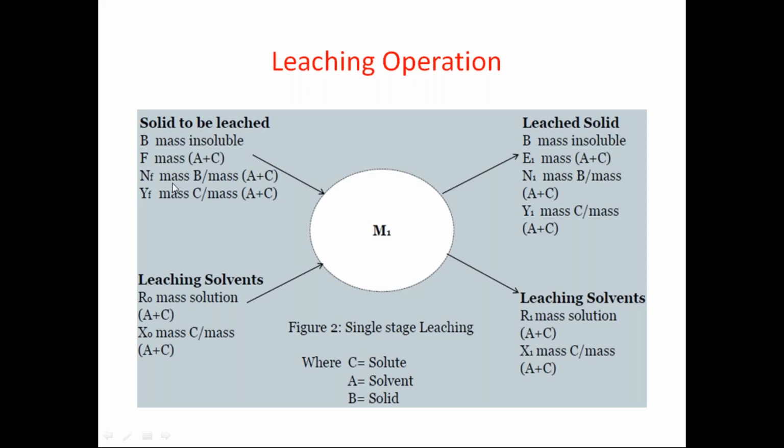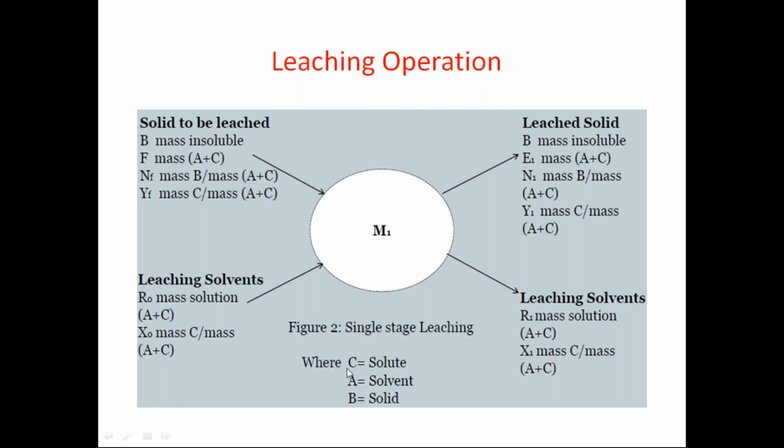So similarly, you can use NF, YF. These are the mass fractions based on the insoluble solids, and this is the soluble solid mass fractions. So these are the certain parameters which we have to find out, and finally we do the material and energy balance, and you will find out the required parameters.